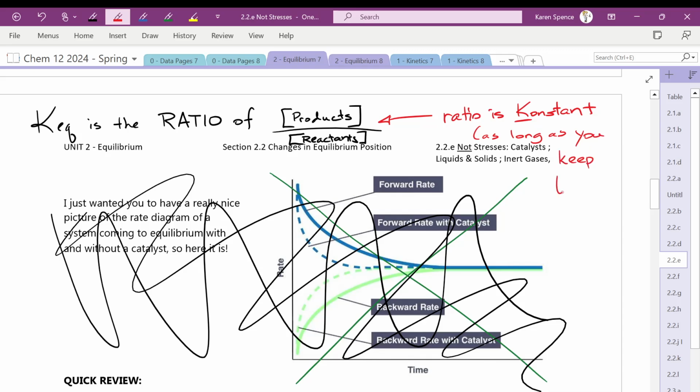As long as you keep the temperature the same. This is a wee little preview of what you're going to be seeing in 2.3, okay?